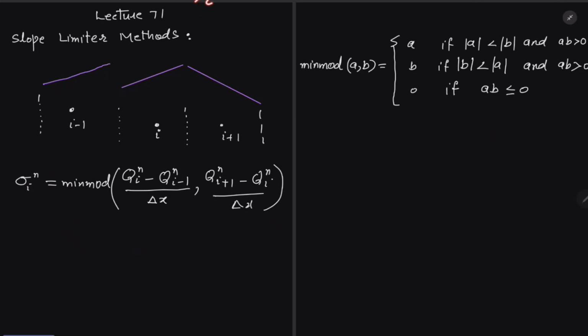There is another limiter as well, which is called the Superbee limiter. The Superbee limiter, maybe I go to the next page. In the Superbee limiter, I define the slope.